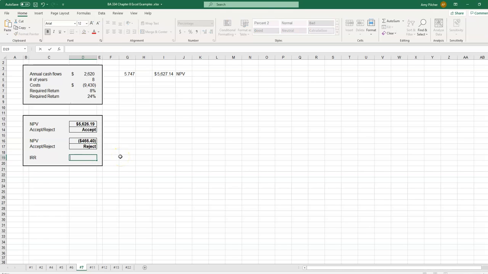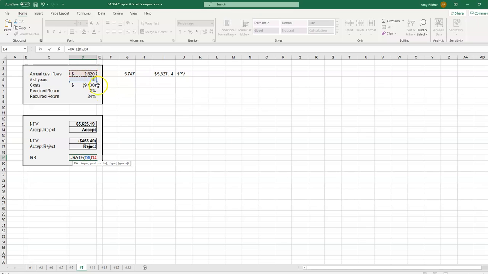The internal rate of return for this project, we have to use the rate formula because we don't have all of the cash flows listed out. If we listed out all of the cash flows, year 1, year 2, year 3, then we can use the IRR formula. But we use the rate formula to calculate the rate.